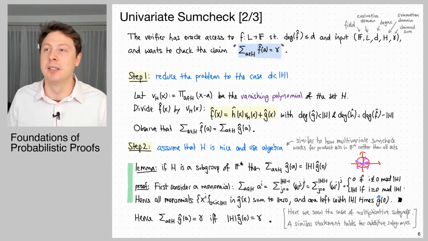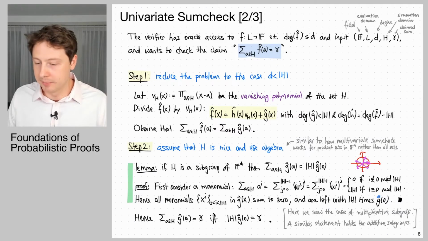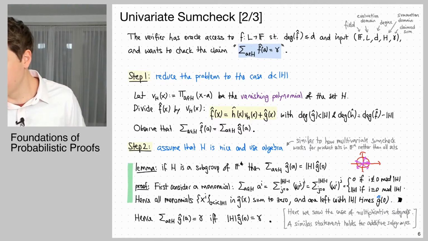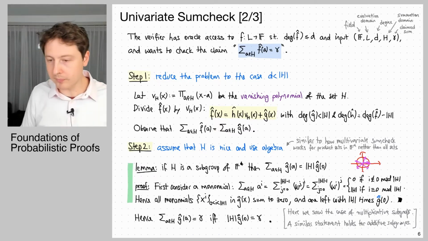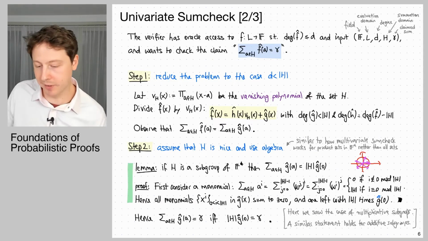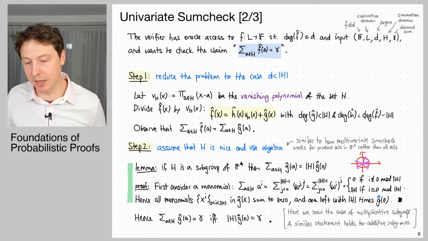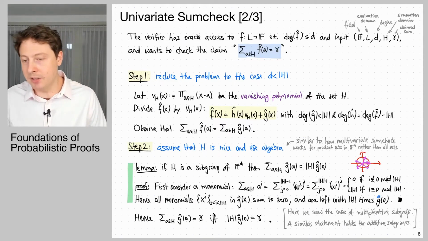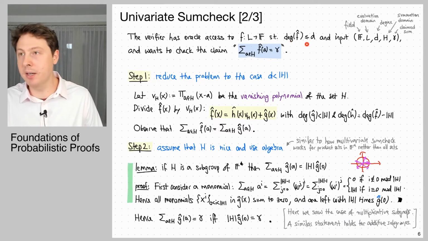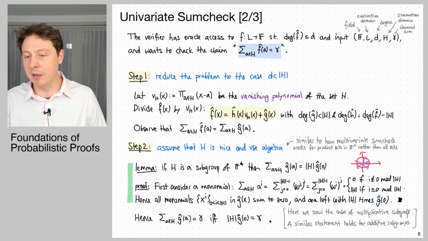Yeah, go ahead. Do you have to be more careful about your field size, to make sure that you have a large enough subgroup of F star? So the question is, in order for me to do this, I need to make sure that F star is large enough. Yeah. In general, even when I write statements like these, the degree of F hat is at most D. I'm already assuming that D fits inside the field.